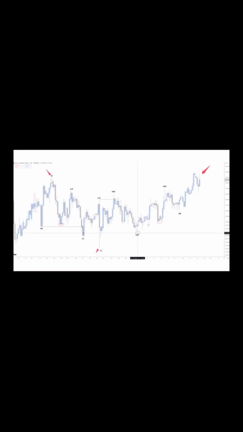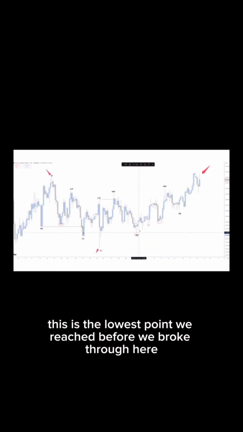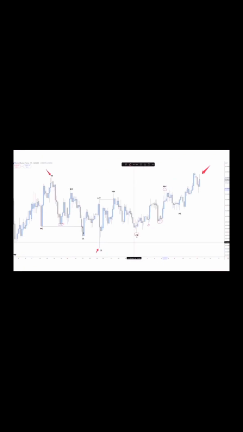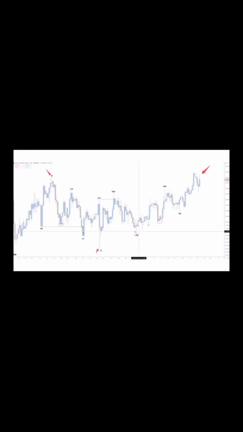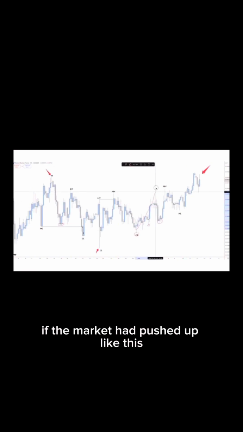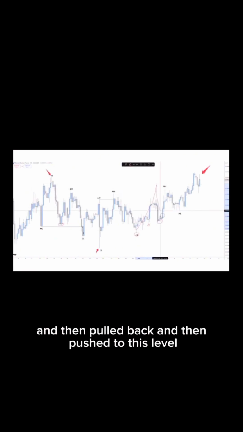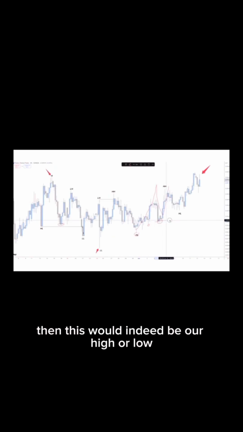Meaning, basically, this is the lowest point we reached before we broke through here. If the market had pushed up like this and then pulled back and then pushed to this level, then this would indeed be our higher low.